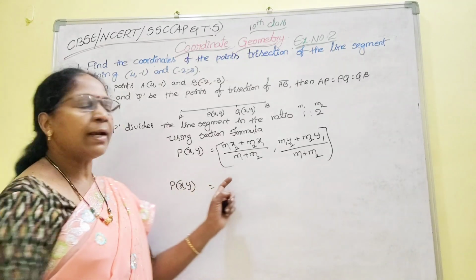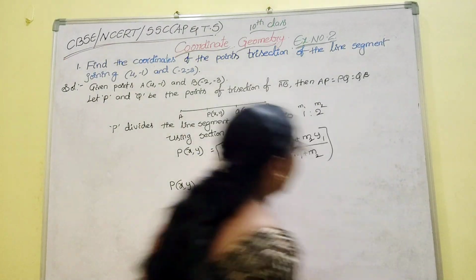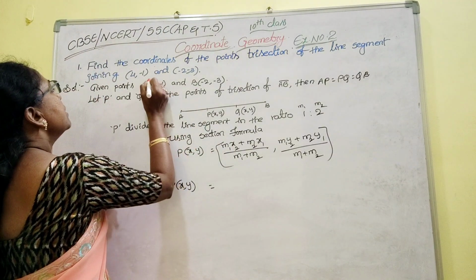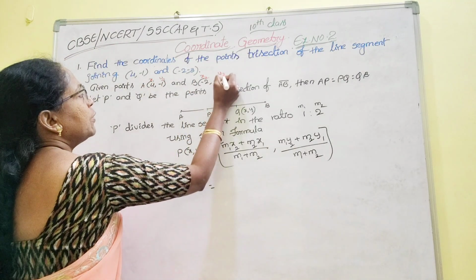Now substitute the values in this formula. Here x1, y1 and x2, y2 are the A and B points, so mention them here.